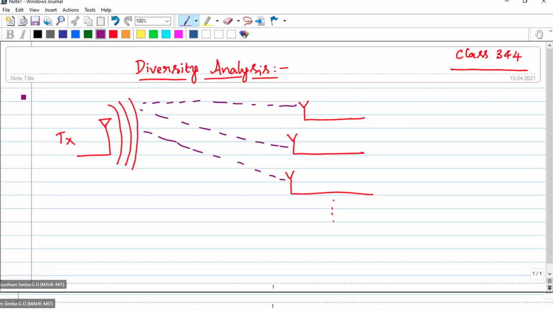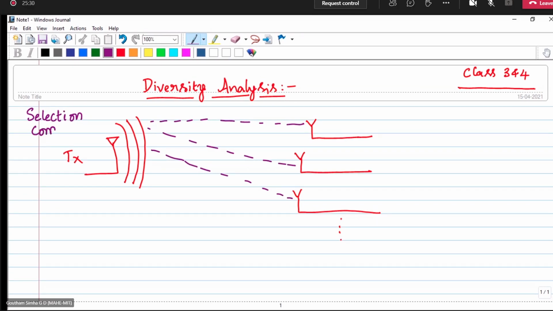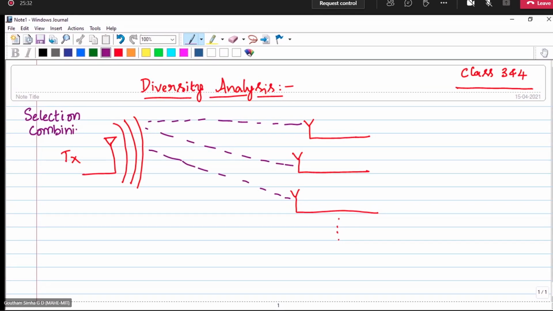Now, let's talk about selecting and combining. The first diversity technique is select and combine, also called selection combining.